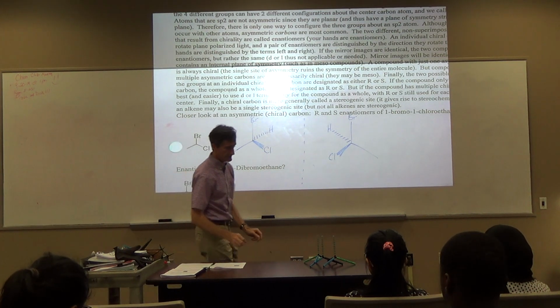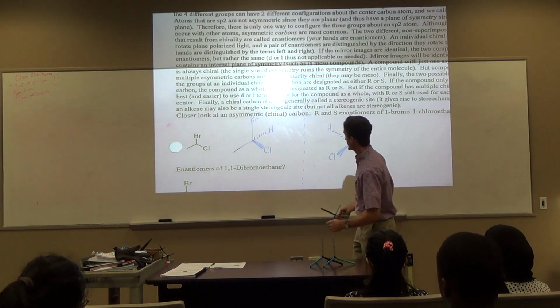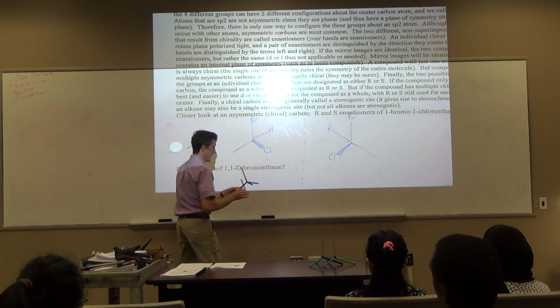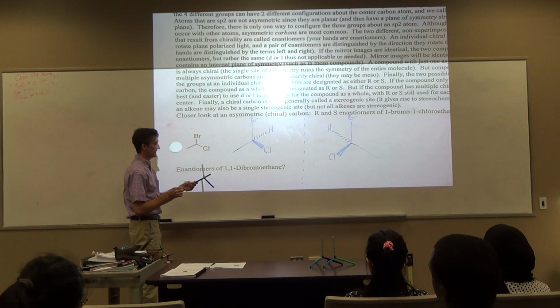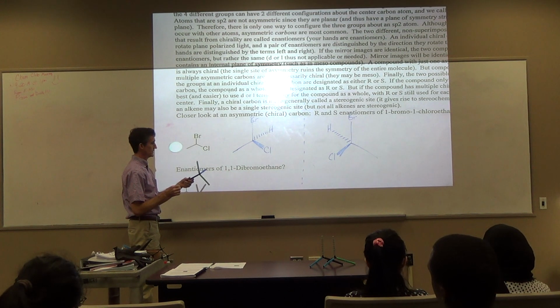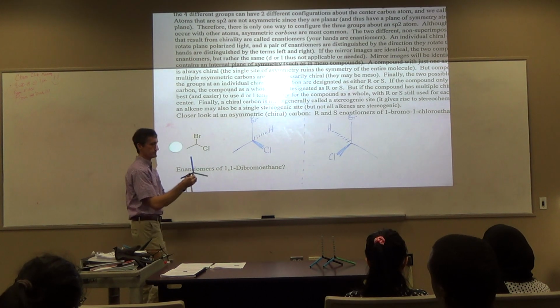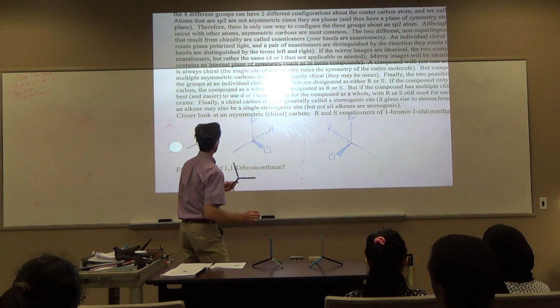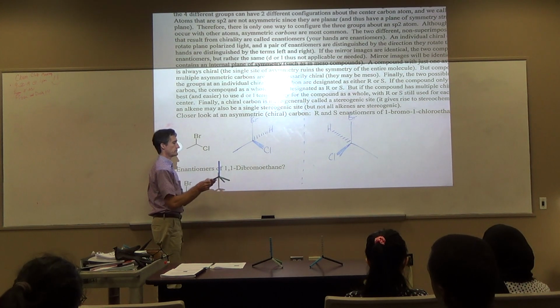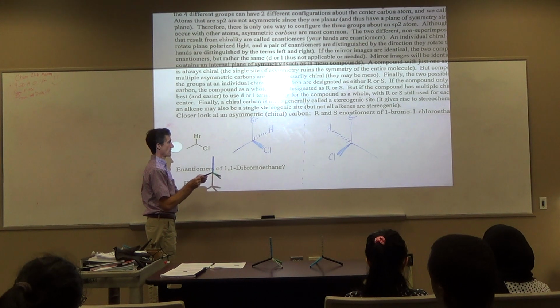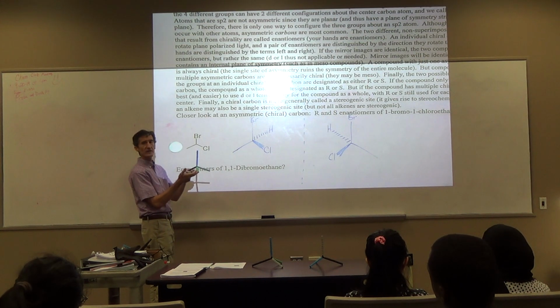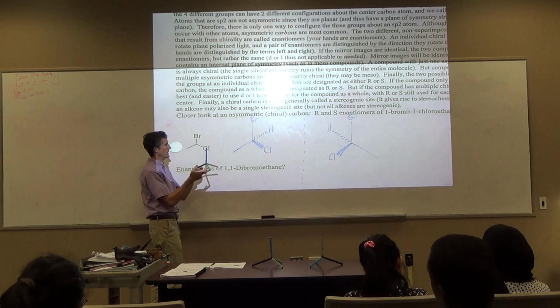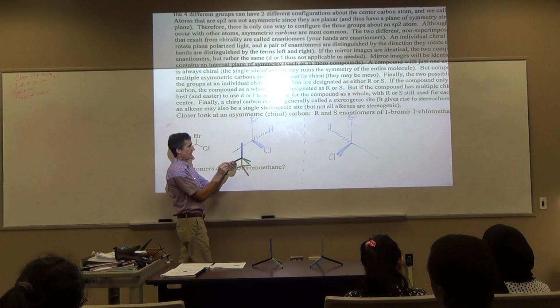Do we have models of them? Well, let's see here. What colors we want to have these? Okay, chlorine green. All right, carbon over here black as usual.